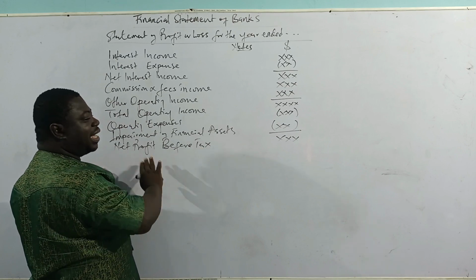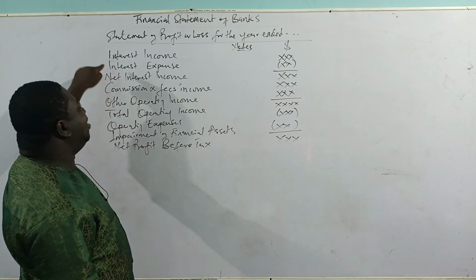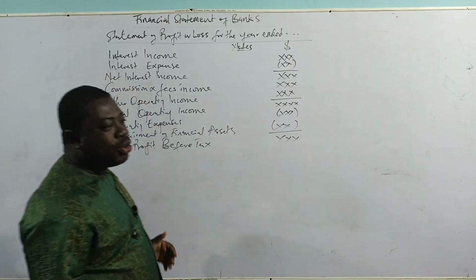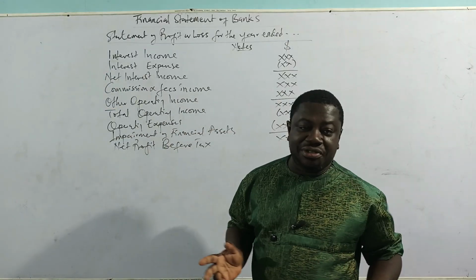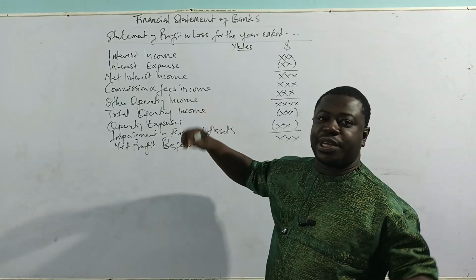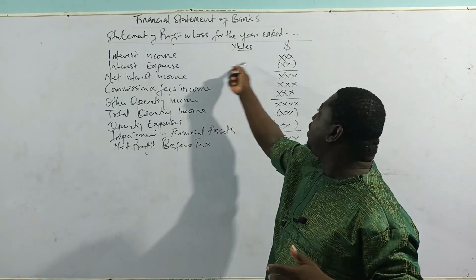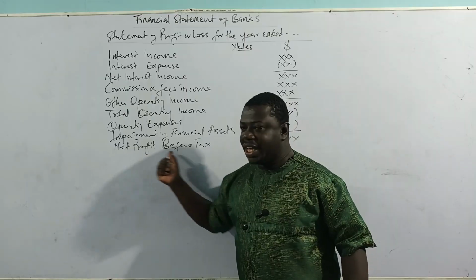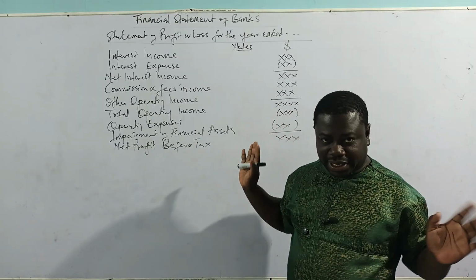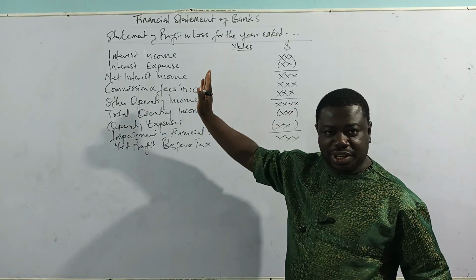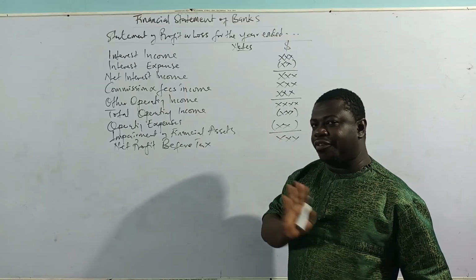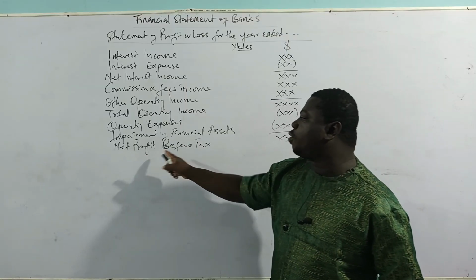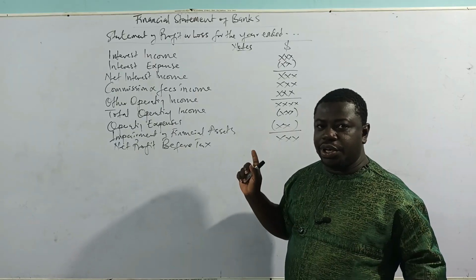But here we are just saying net profit before tax because interest expense has already been taken off. This is a bank, so their core business is about interest, and therefore the interest expense is already netted off before we had the net interest income. So when we get here, we are not going to take away any interest again because we've already dealt with interest. This is a bank, very different from the trading sector. So once you get here, it is your profit before tax, straight away, no interest.